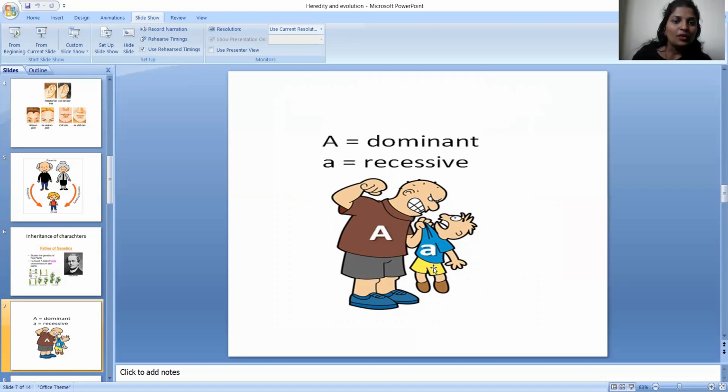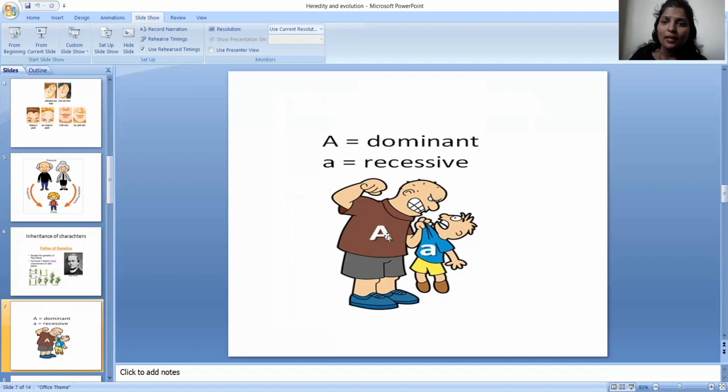Mendel says that the traits that express themselves in an organism in every possible combination are called dominant traits. For example, in Mendel's experiment, the tall trait in pea plants tends to express more than the short plants. Tallness is dominant over shortness. Therefore, the tall trait of the plant is said to be dominant over the short plant. So this is a dominant trait, just like this man is dominant over this short one.